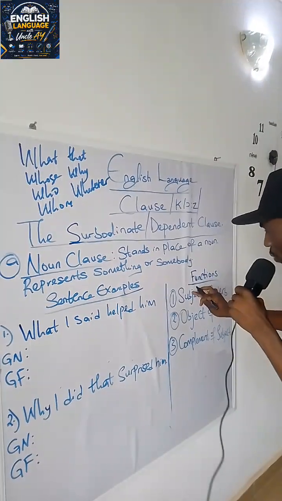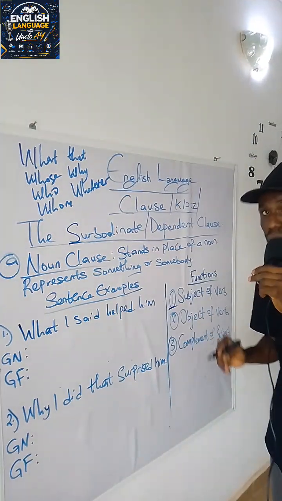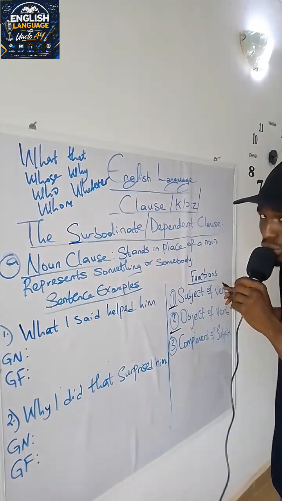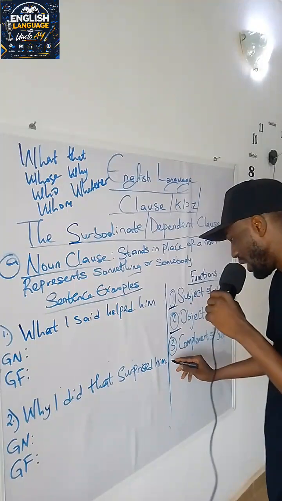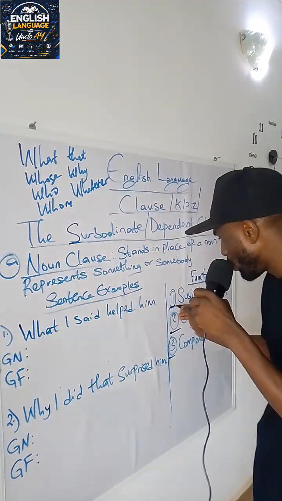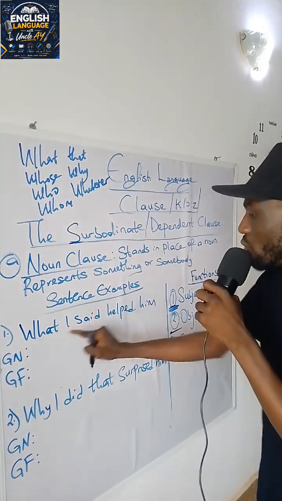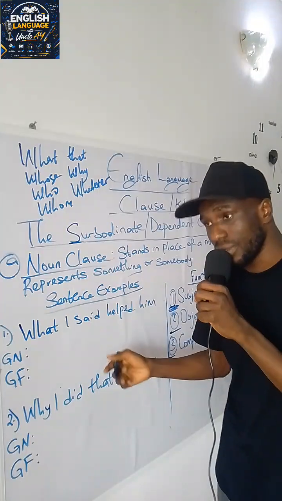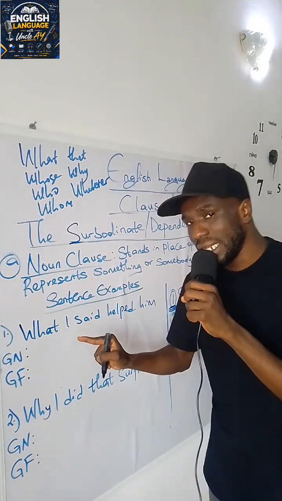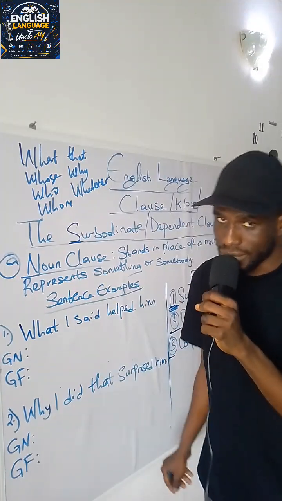So the functions of a noun clause: we have the subject of the verb, which is also called the performer or doer of an action, and then we have the object of the verb, which is also called the receiver of an action, and finally we have the complement of the subject. And we'll be looking at this very first one as a clue to determining our grammatical name in this expression, which is of course the noun clause. So we have to underline or find out what our noun clause is first, and then pin it in this grammatical name, and then look for its function.